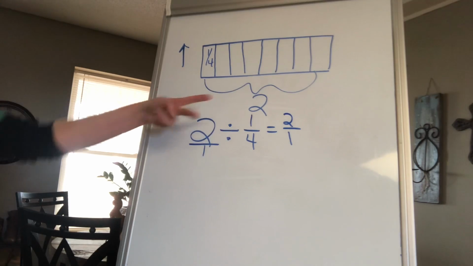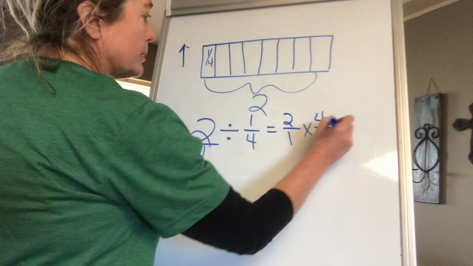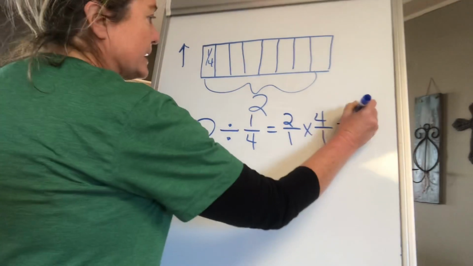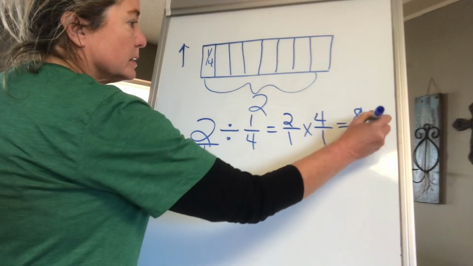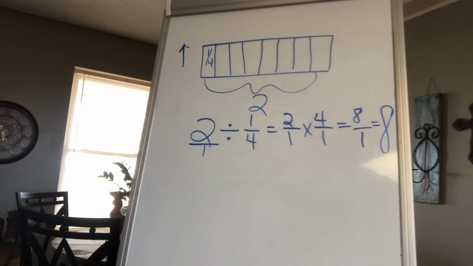I flip or get the reciprocal of the second one, and then we multiply. So we have 2 times 4 is 8. 1 times 1 is 1, which is simply 8. So our division problem shows us that Diego's dad could make 8 burgers.